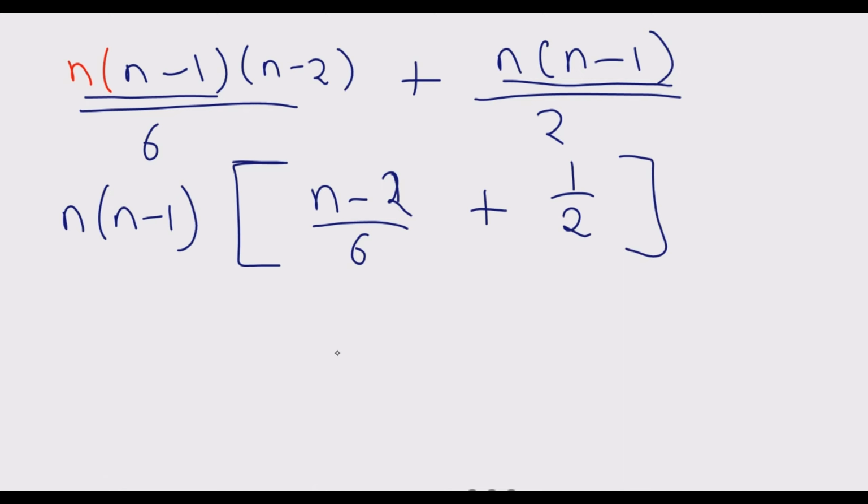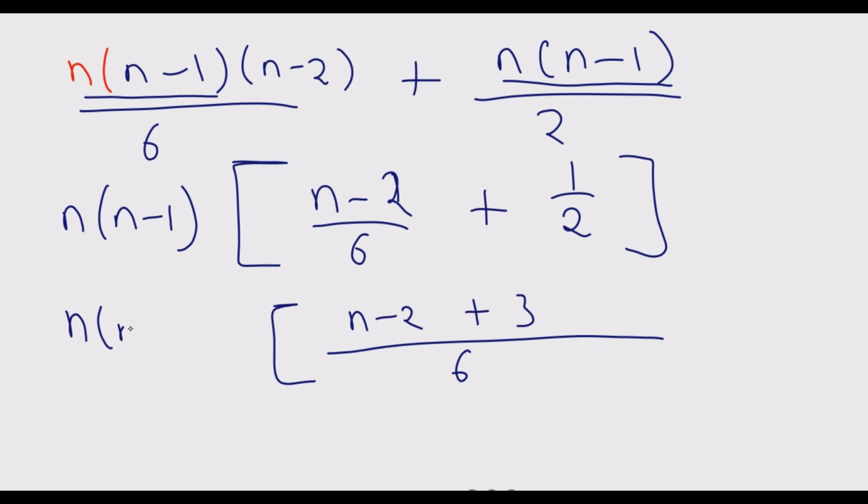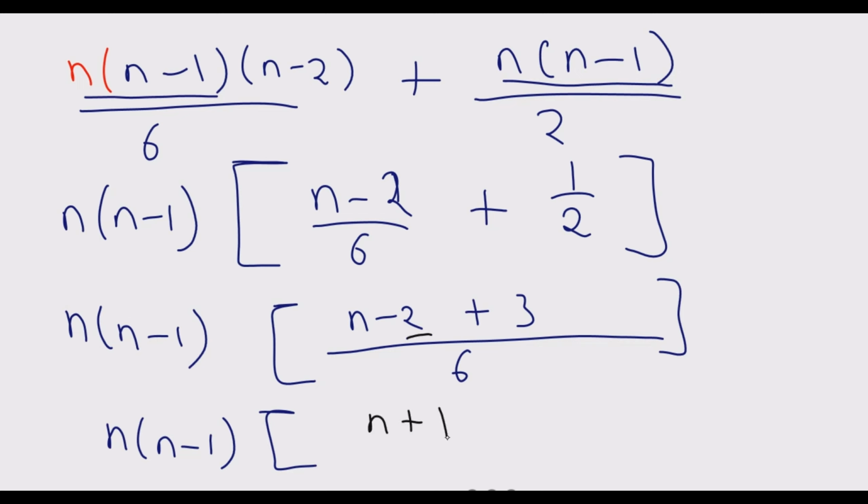Then at this point I look for the common denominator, which is 6. So 6 into 6 is 1, 1 times n minus 2 is n minus 2. Then 2 into 6 is 3, so plus 3. Then this is multiplying n minus 1 like that. So now we have n minus 1, then multiplied by n minus 2 plus 3, so it will just be n plus 1, because negative 2 plus 3 is positive 1, over 6, like this.